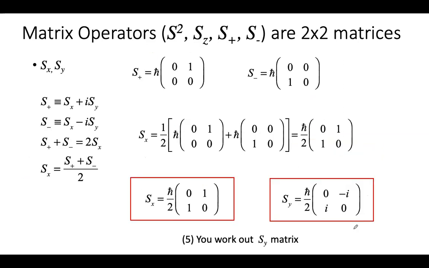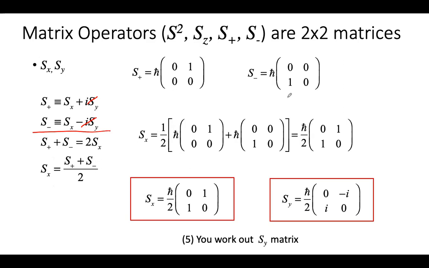All right, one last thing and we'll wrap it up. How do I get S_X or S_Y? And remember that we have the raising and lowering operator written as this for a reason. If I add the two guys up, I get the raising and the lowering operator together. The complex part cancels when I add them up, and I get 2 times S_X. So S_X is equal to raising plus lowering divided by 2.